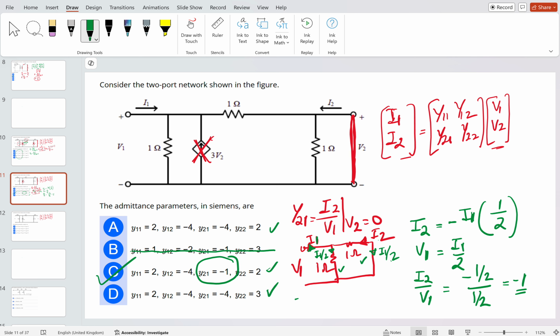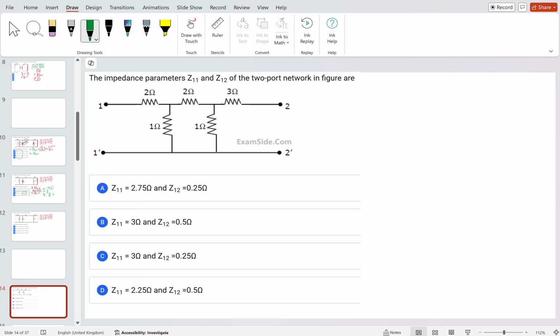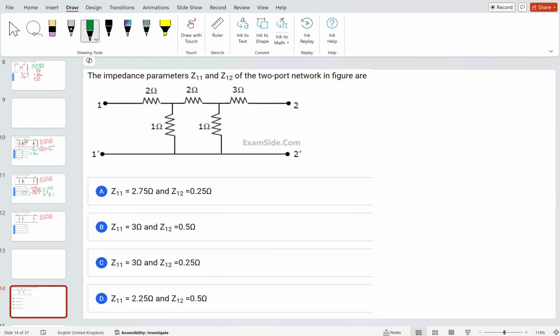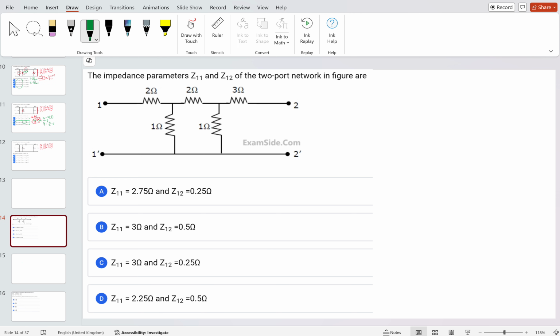Okay, so let's move further. Let's try to solve this problem. This is an easier problem, but I have kept it for practice purposes. Try to solve this.